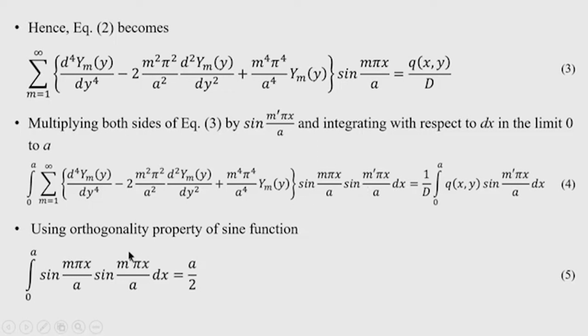So, according to the orthogonality condition, the integral of sin m pi x by a, sin m dash pi x by a dx equals a by 2 if m is equal to m dash. But for other values of m, it is never non-zero. When m is equal to m dash, it will be a by 2. When m is not equal to m dash, this integral reduces to 0.